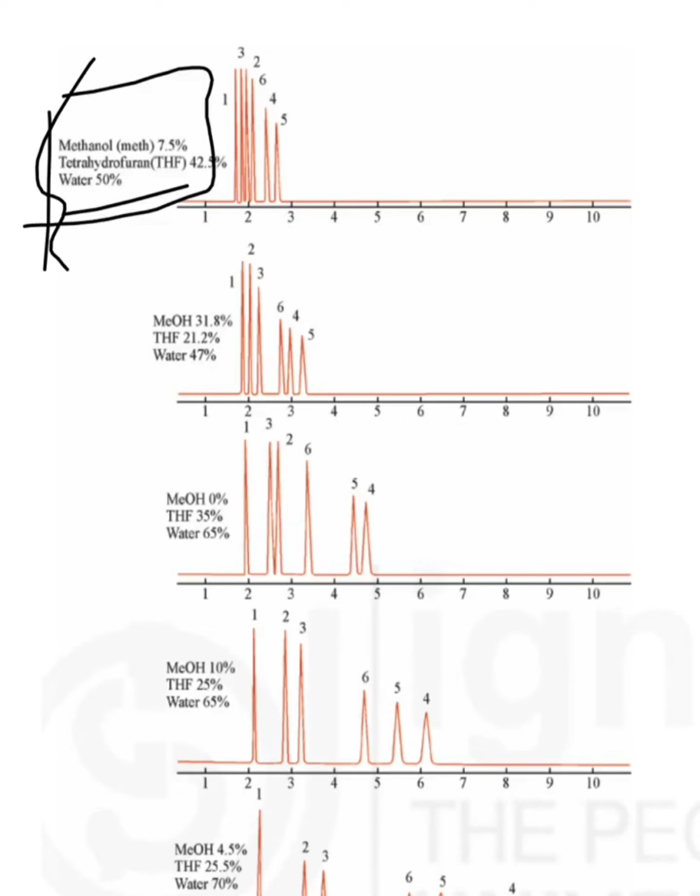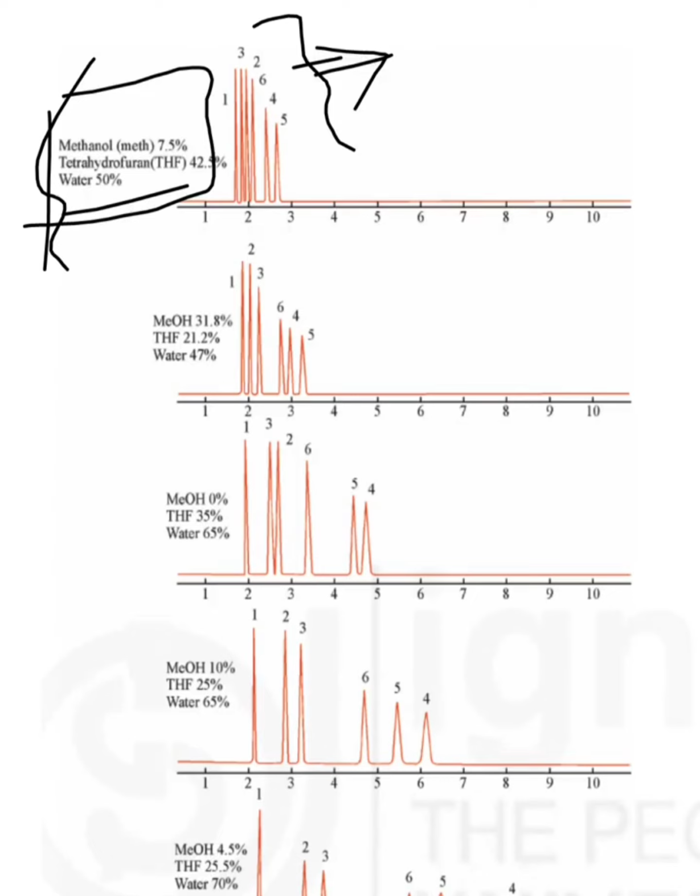These are the separate peaks 1, 2, 3, 4, 5, 6. These are the different compounds present in the given sample, separated by using detectors, and this is the chromatogram. Here we can see the different peaks.